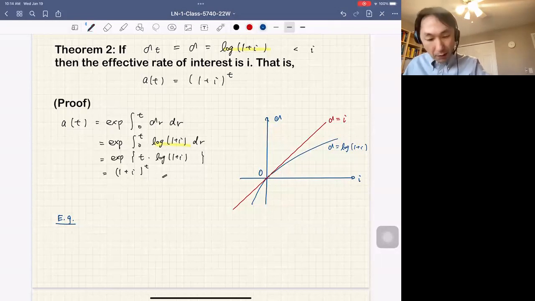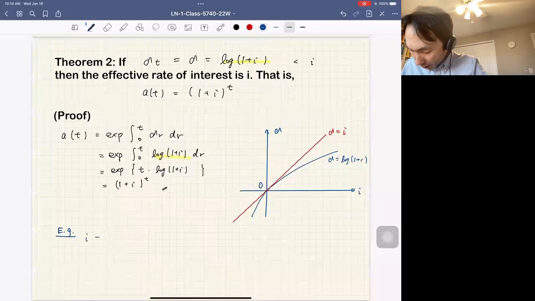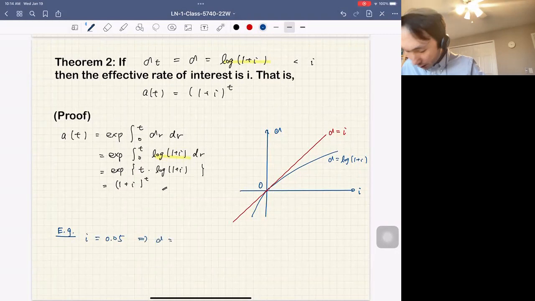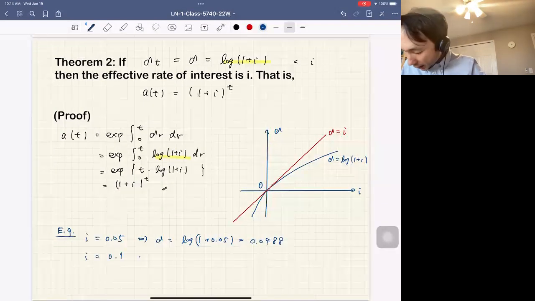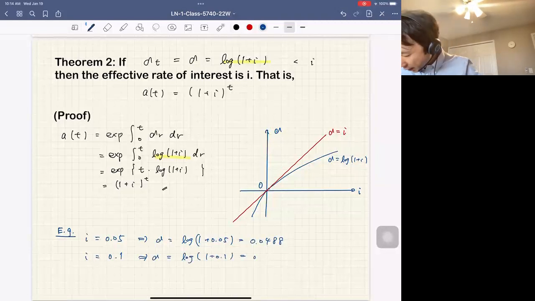Maybe some examples. If I is equal to 0.05, then delta is equal to log of 1 plus 0.05, which is 0.0488. And if I is equal to 0.1, then delta is log of 1 plus 0.1, which is 0.0953.